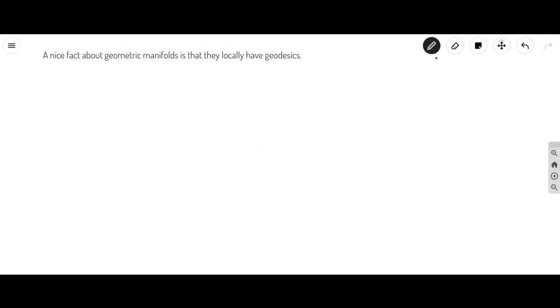So that would mean that if you give me a point on a geometric manifold, I can find an open set, and on that open set, you have a unique straight line between any 2 points, something that plays the role of a straight line. So we call such open sets geodesically convex open sets.